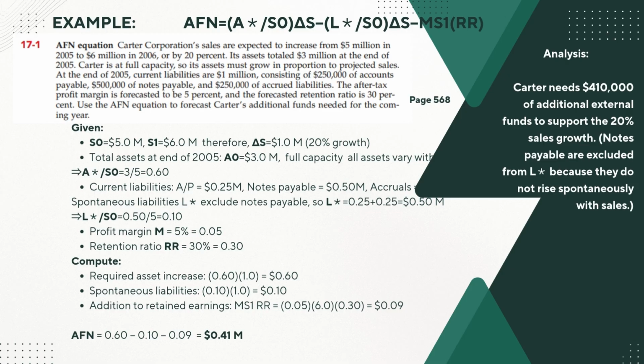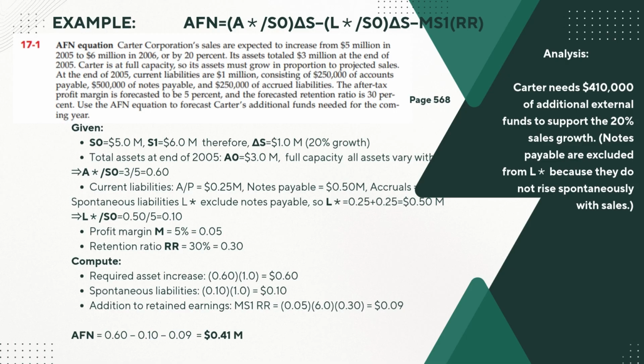And addition to retained earnings, M times S1 times RR is equal to 0.05, 6, and 0.30, which is equivalent to 0.09 million. So the result for the AFN is 0.60 minus 0.10 minus 0.09, which is equivalent to 0.41 million.